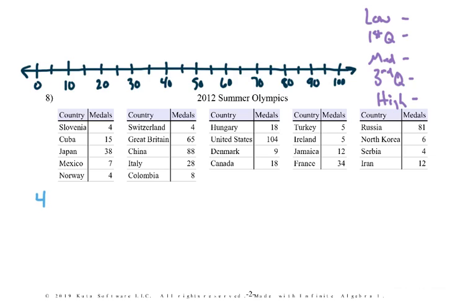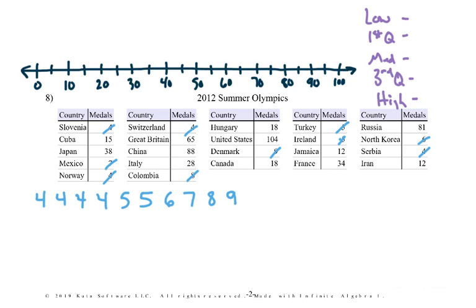So Slovenia, Norway, Switzerland, and Serbia. Then we've got some 5s, Ireland and Turkey. And we've got at least 1 6, North Korea. A 7, Mexico. An 8 for Colombia, 9 for Denmark.